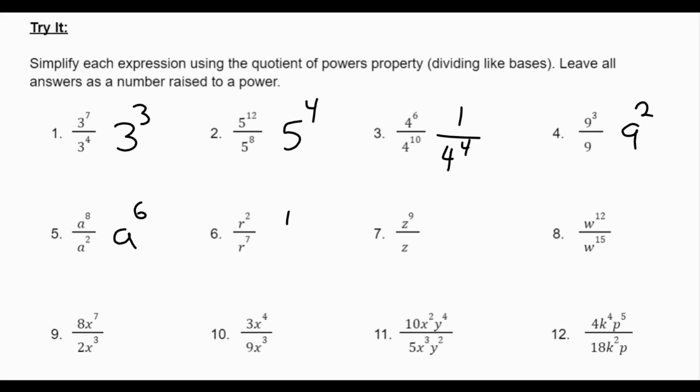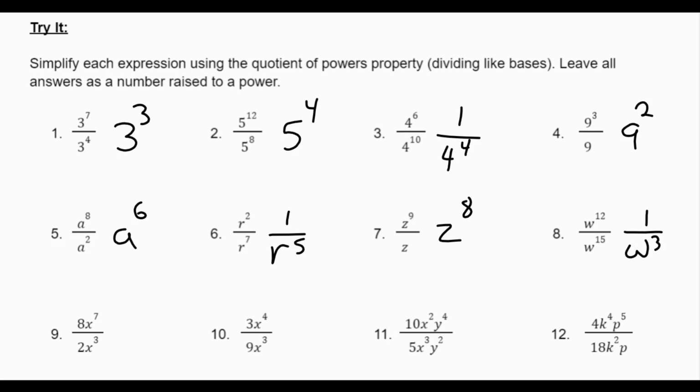So I'd have 1 over r to the 5th. Number 7, z to the 9th divided by z. 9 minus 1 would be 8, so z to the 8th power. And number 8, w to the 12th divided by w to the 15th. 12 minus 15 is negative 3, so I would have the 3 in my denominator. So I'd have 1 over w to the 3rd.